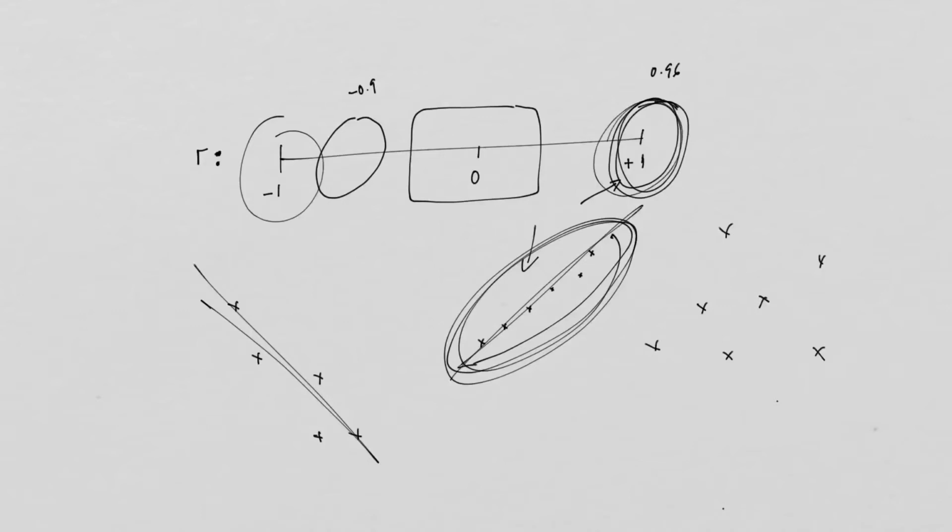If R is here or here, it does not mean that the relationship is linear. The converse is not true, okay? In fact, it's possible to find R to be, let's say, 0.95, and the relationship looks weird, almost like a parabola, okay?